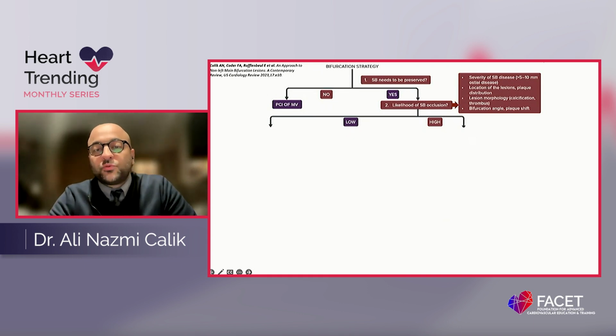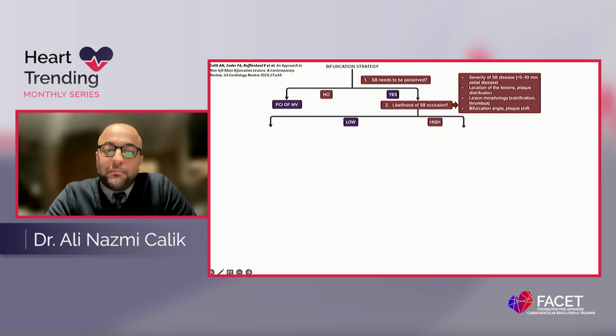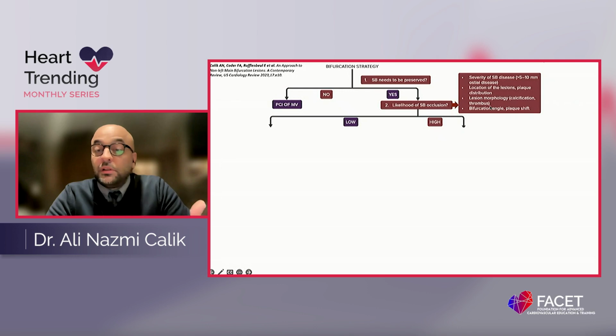My first question is whether this side branch needs to be preserved or not. If no, of course, we are going to stent the main vessel. But the second and most important question is, what is the likelihood of side branch occlusion if we deploy the first stent across the side branch? Of course, the parameters I mentioned in my previous slides, like severity of the side branch disease, location of the lesions, plaque distribution, lesion morphology, bifurcation angle, plaque shift, and so on, are really important to consider.